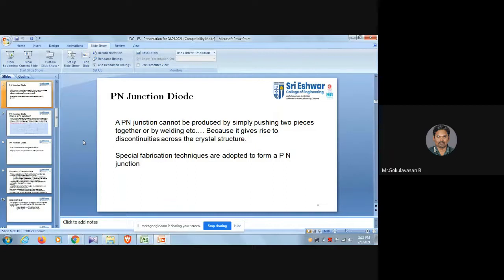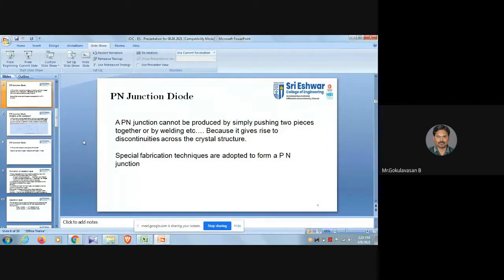If I want to join two iron pieces, as I said in the last class, I cannot go for some sort of pasting or bonding. I have to go for welding, because two big iron rods cannot be pasted with a simple 5 rupee Fevi stick. Do you agree? So we have to go for some sort of welding, right?